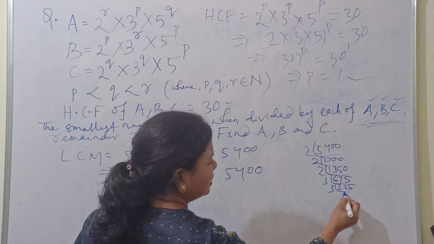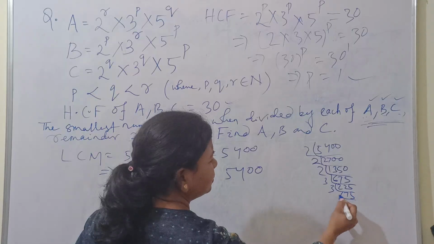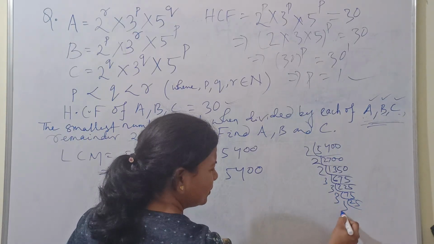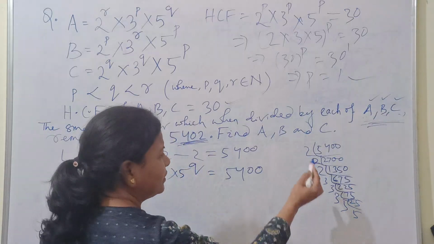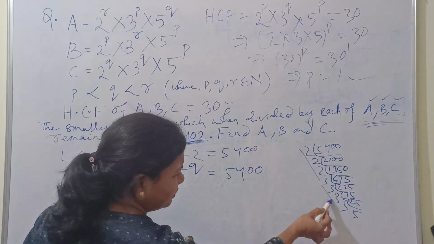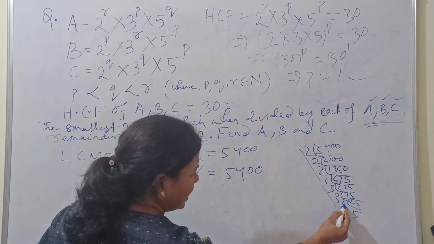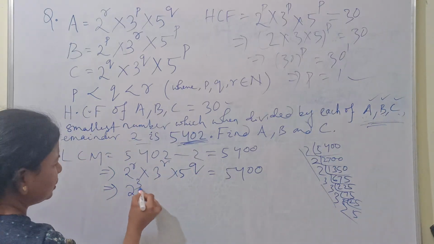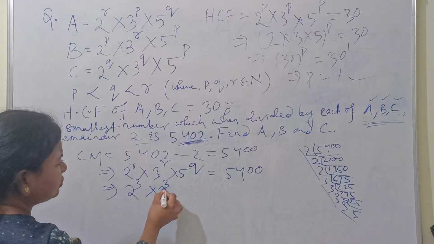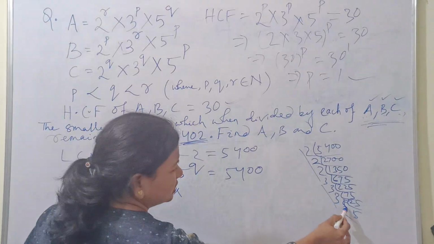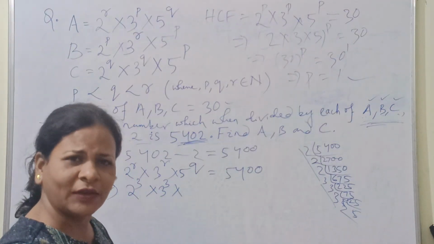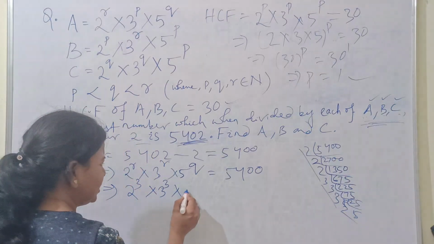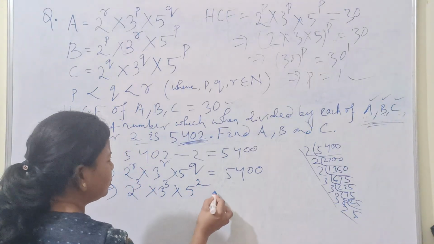Further 3 3 7s are 21, 3 5s are 15. Further 3 3, then 3 25s are 75. Further 5 and 5 5s are 25. So 2 occurs 3 times and 3 occurs 3 times, 5 is there 2 times. That means we have 2 to the power 3 into 3 to the power 3 into 5 to the power 2 in the prime factorization of 5400.